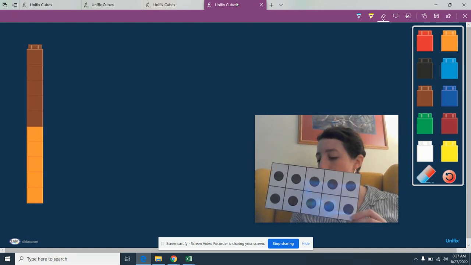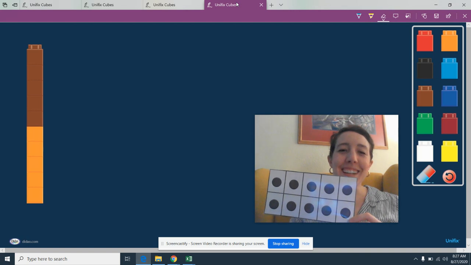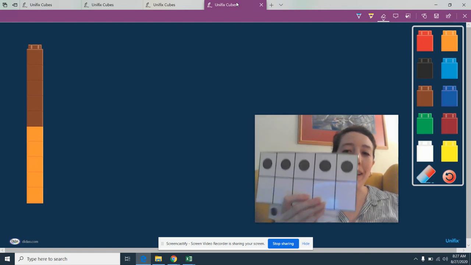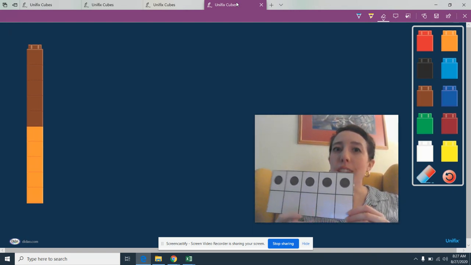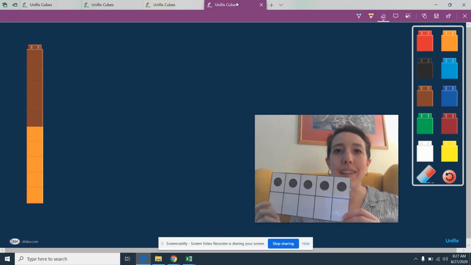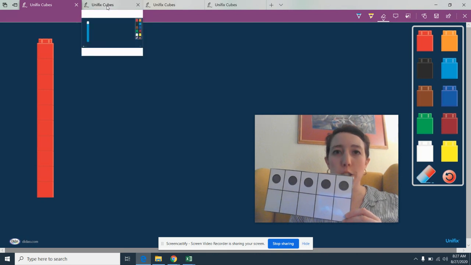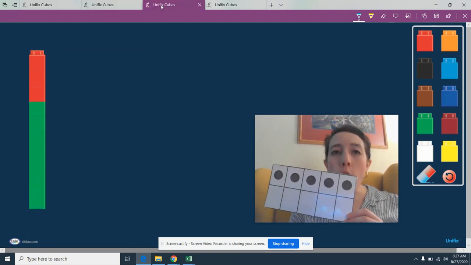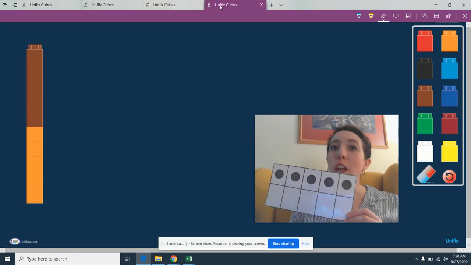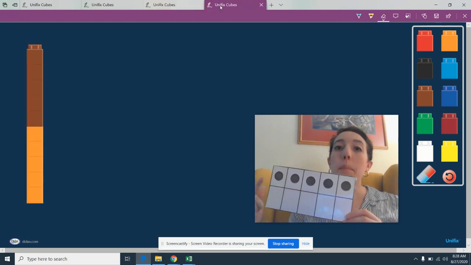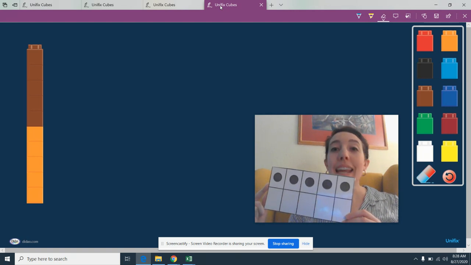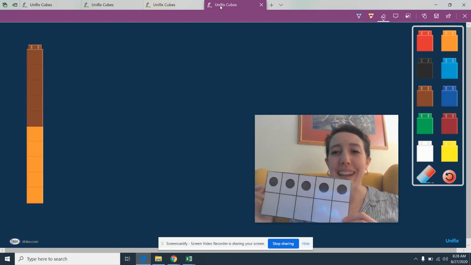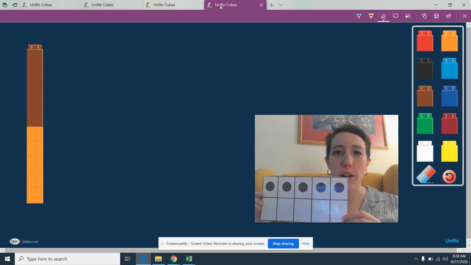So I'm going to ask you another question. When we've been working with these base 10 frames like this, there's another really important difference. Over here, with these Unifix cubes, even though they're color-coded, there are always 10 Unifix cubes. But with our base 10 frames, even though there could be 10 dots in our frames, sometimes what happened?